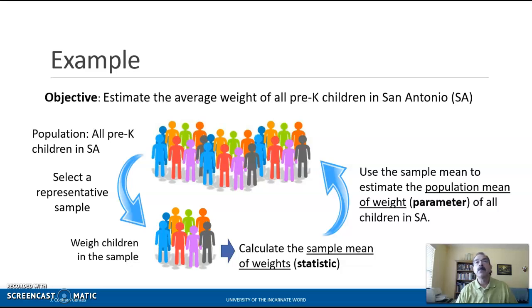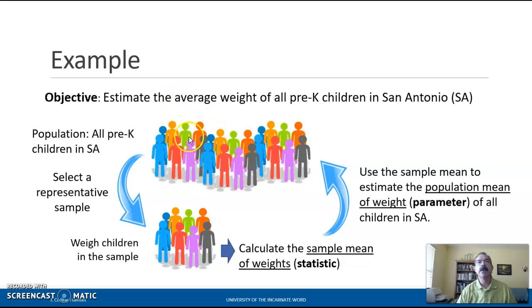All right, here's an example. In this example, our objective is to estimate the average weight of all pre-K children in San Antonio. This comes from a consulting job that I had with a physician here in San Antonio, and the interest in that situation was to evaluate the average weight of all the pre-K children in San Antonio.